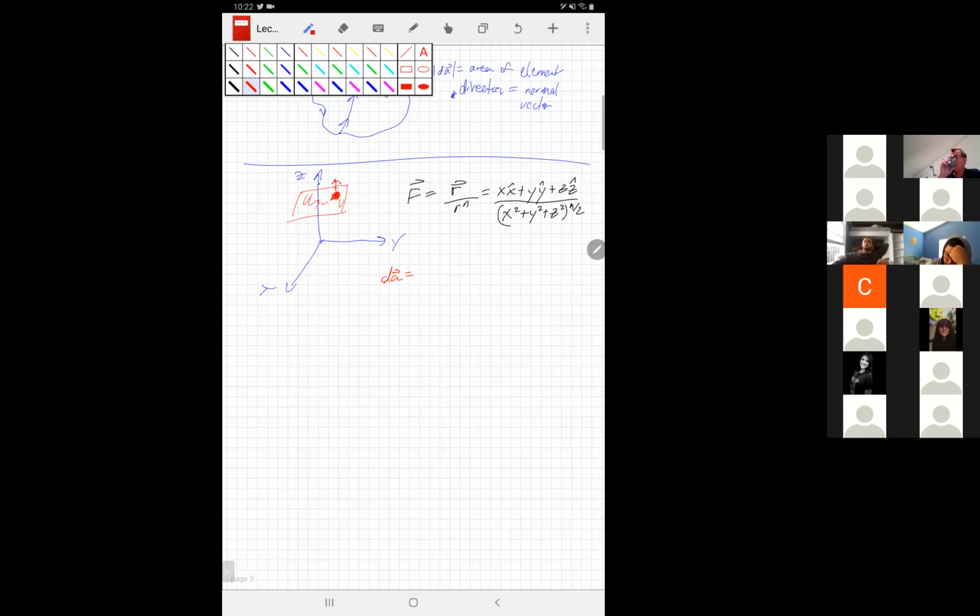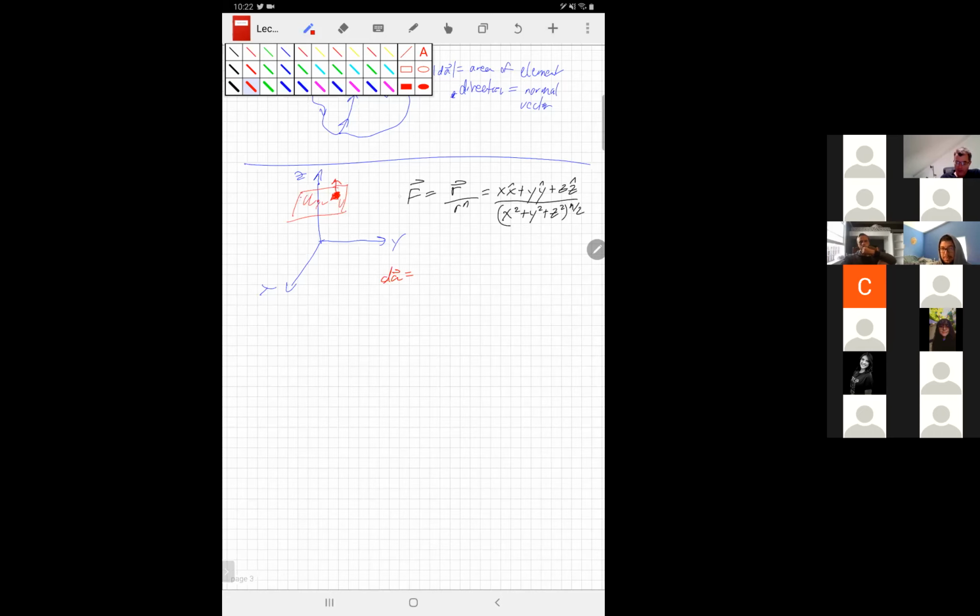So who can tell me? Well, you need an equation for that plane, don't you? For the plane, so that way we can find the normal vector.